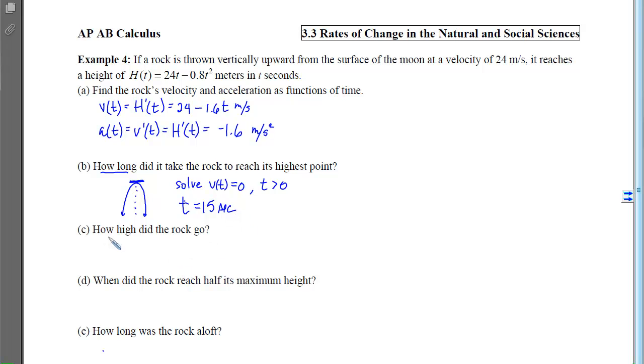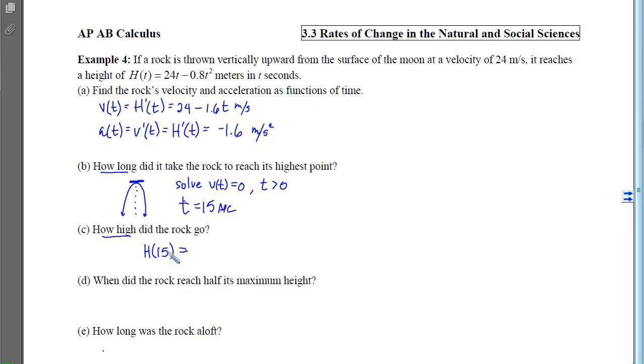Now the next question asks, how high did the rock go? So this is asking for an output of the position function. So we're looking for an output on the position. Well, we know the inputs for position are time, and the time that we just found in part B was how long it took to get to that highest point.